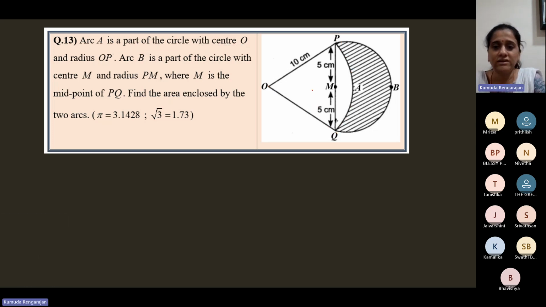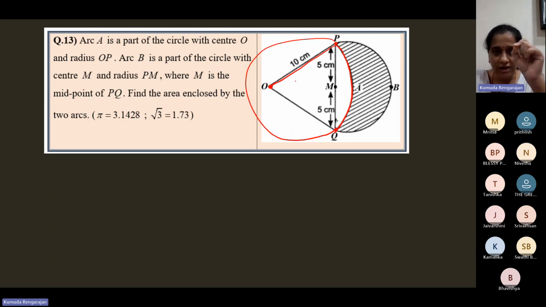Let's see that again. Arc A is a part of the circle with center O. Now just complete the circle. What are P and Q? They are points on the circumference of the circle. So PO should be the radius, right?